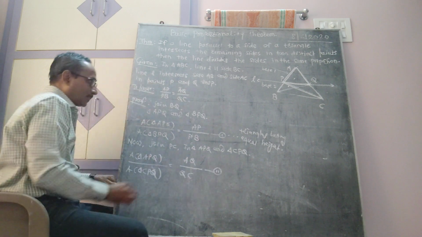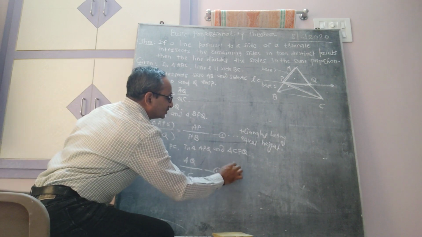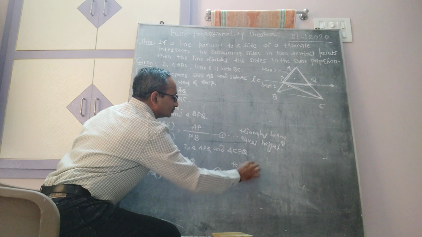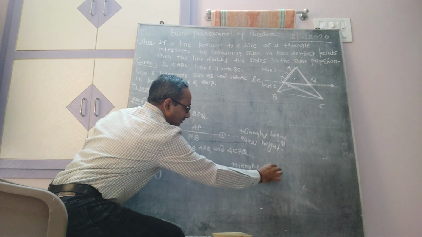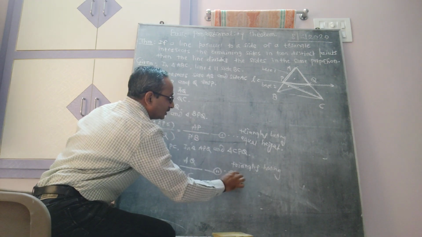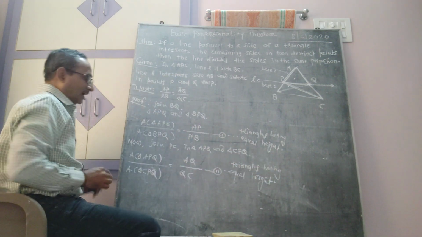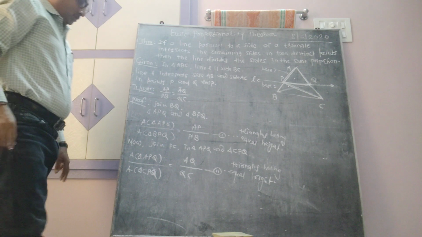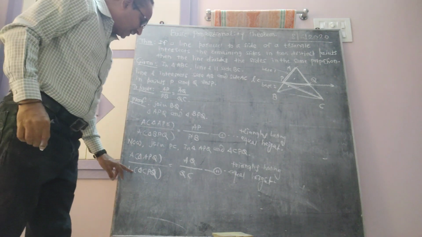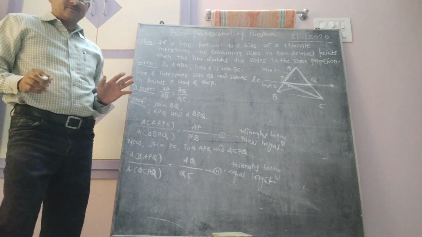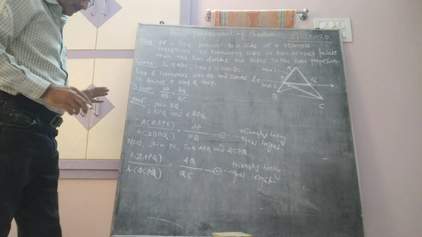That is the second. The reason: triangles having equal height. So these two statements are very important for proving this theorem.